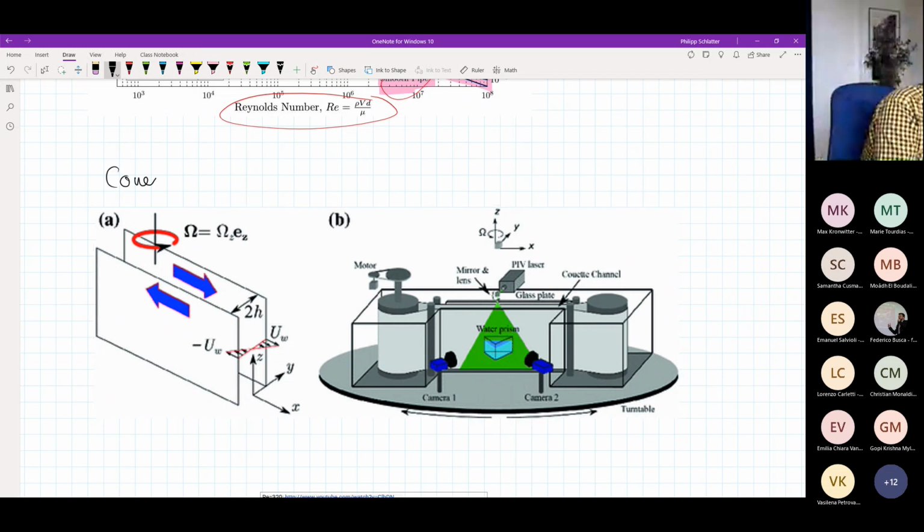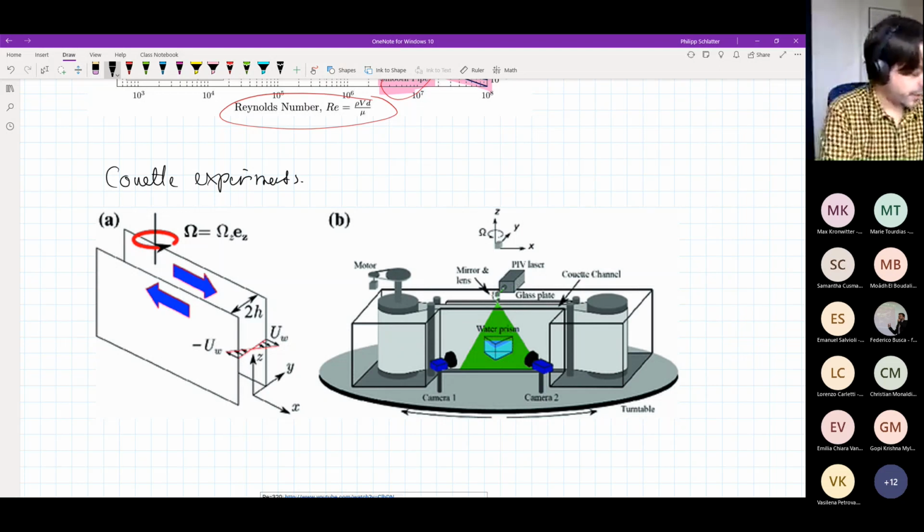So the first part here is experiments that you can do in couette flow. Unfortunately, I don't have a picture here. I should maybe take a picture next time I'm in the lab, but it's just a sketch of an actual experiment that is set up at KTH in our lab where we do measurements in couette flow.